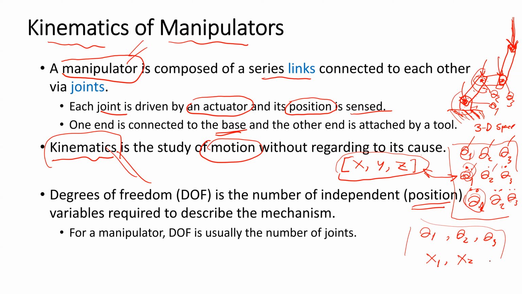But the number of degrees of freedom in the industrial robot is equal to the total number of joints that are driven by actuators. For example, in this picture, we have the first joint driven by one actuator to control theta 1, and others to control theta 2 and theta 3. If we consider only these, we may have 3 degrees of freedom for this robot.